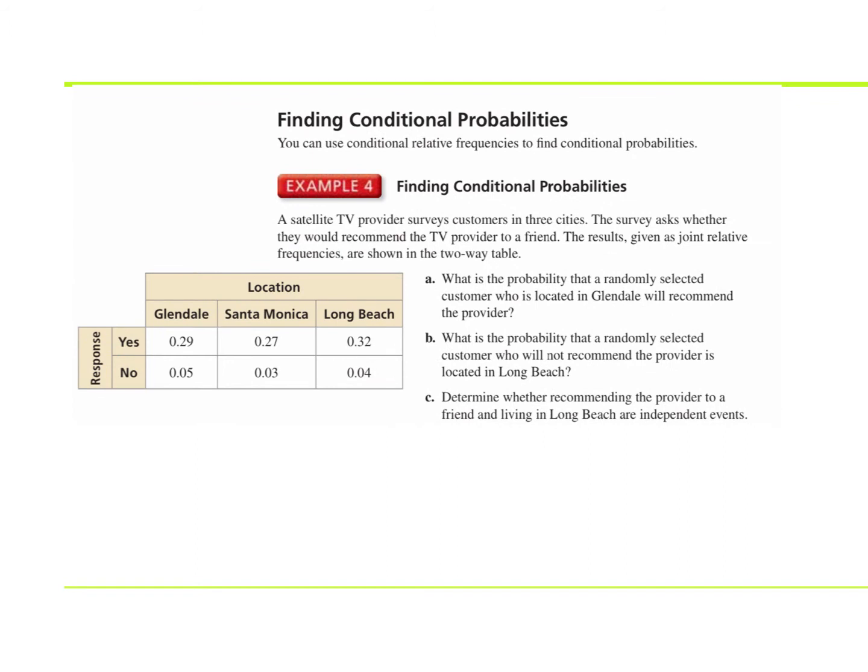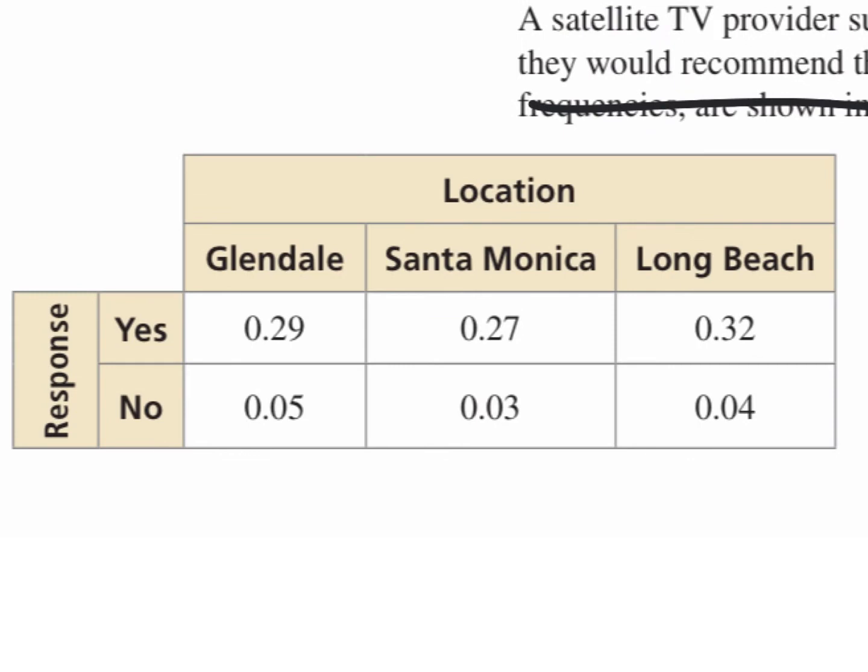So it says a satellite TV provider surveys customers in 3 cities. The survey asks whether they would recommend the TV provider to a friend. The results are given as joint relative frequencies, but we're just going to ignore that, and we're going to pretend that instead of the decimals, we're just talking about whole numbers of people.